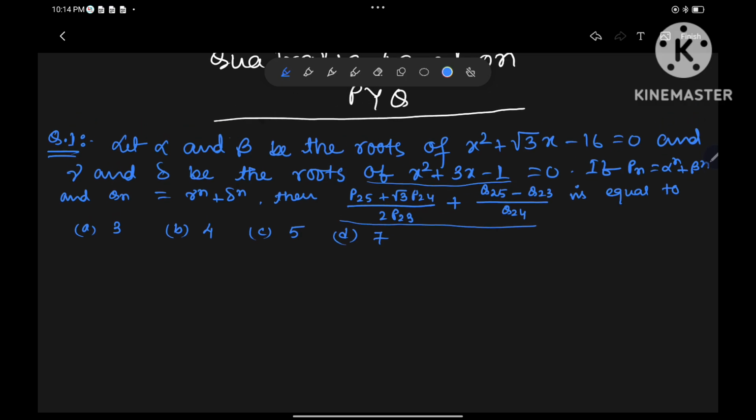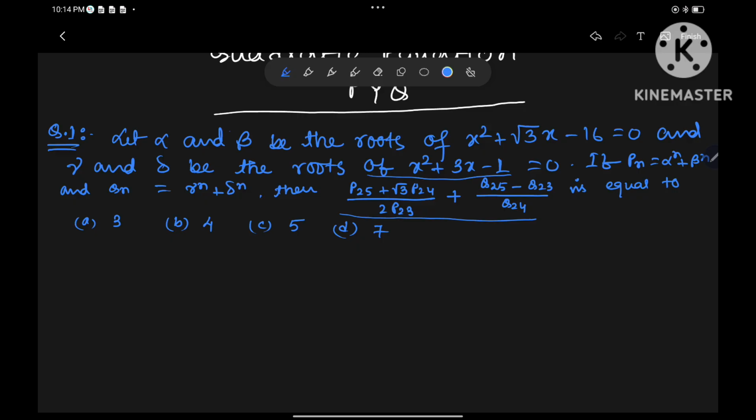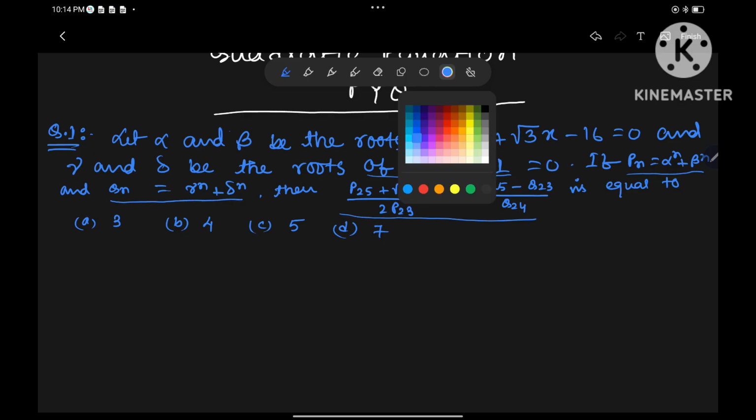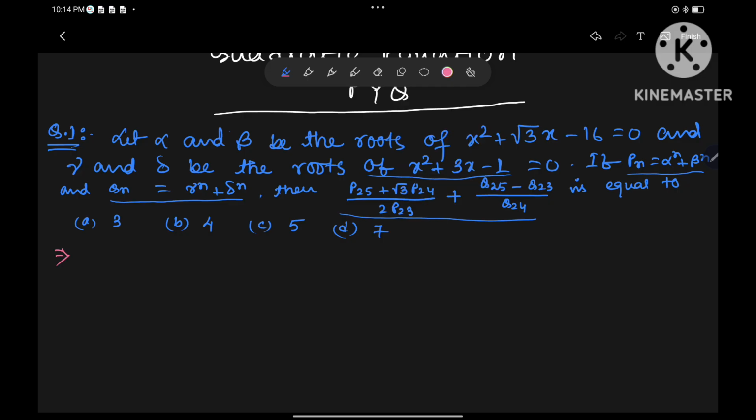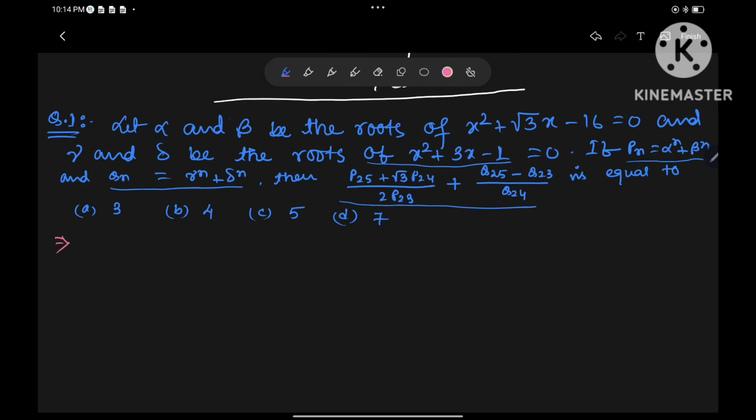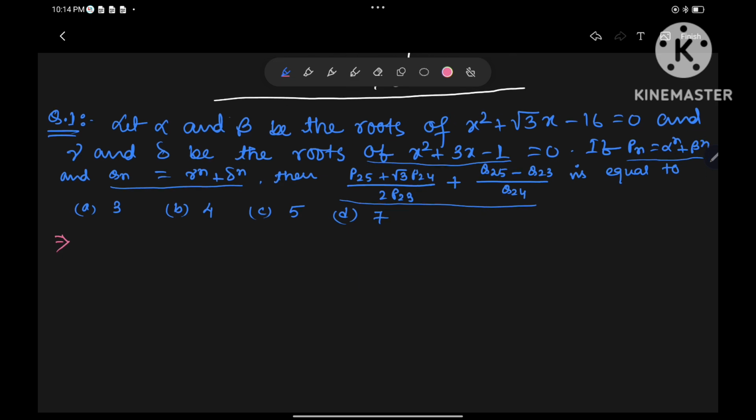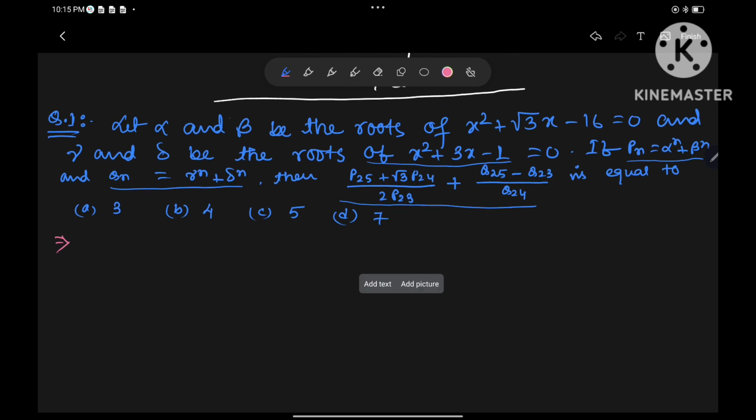So by seeing the question, the recurrence relation which is given, Pn equals to alpha power n plus beta power n, and Qn equals to gamma power n plus delta power n, you can easily think that this question is basically based on Newton's formula. In the previous sessions, we already discussed the concept of Newton's formula.